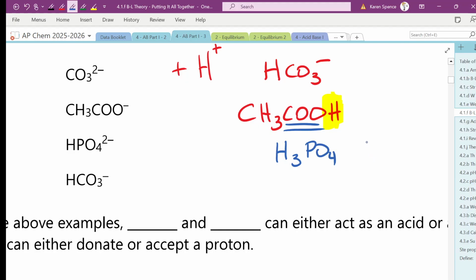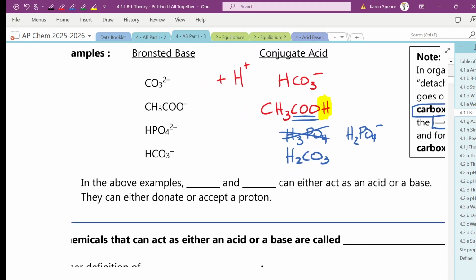Is it H3PO4 or is it H2PO4? Which one? That one is better because they only differ by 1 hydrogen. Okay. HCO3 minus. What is its conjugate acid? David. H2CO3.